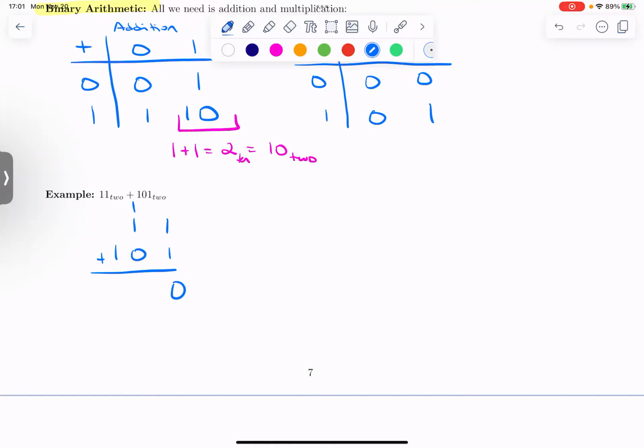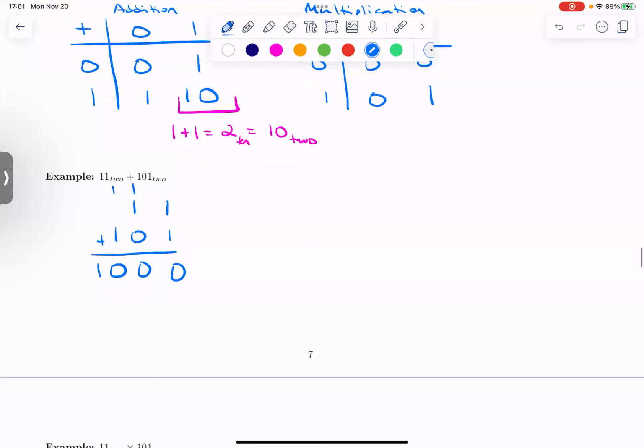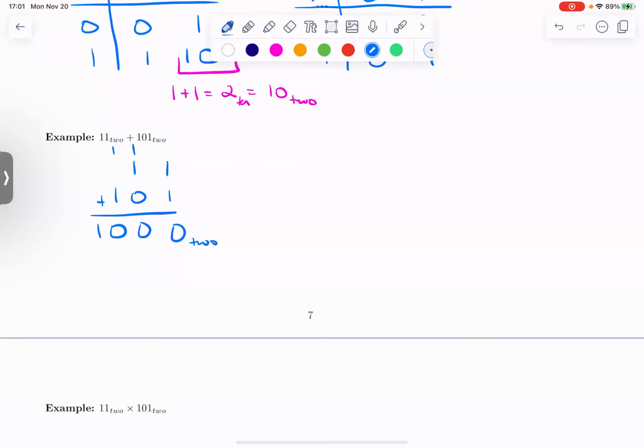So then just the same way that addition always works, I put the 0 down and then I have 1 plus 1 plus 0. 1 plus 1 is 2, which is another 10. So then I get 1 plus 1, which is 1, 0. Oh, on your calculator? Nice. That's awesome.